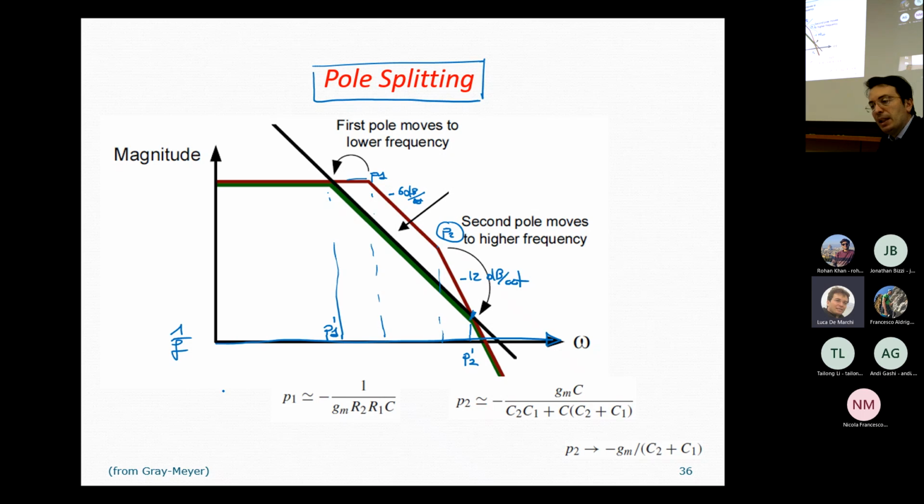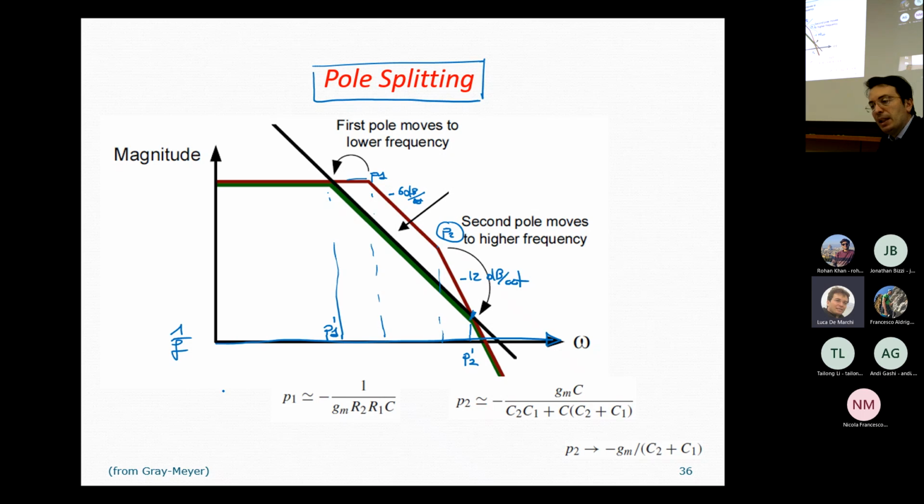And finally, the zero. The zero, as you may remember, is positive, and it is equal to GM6 divided by the compensation capacitance. Please look at the frequency analysis of the common source stage to get an explanation of this zero development.